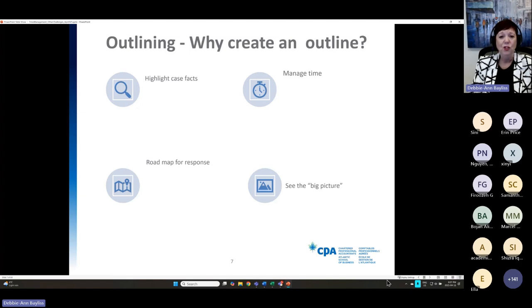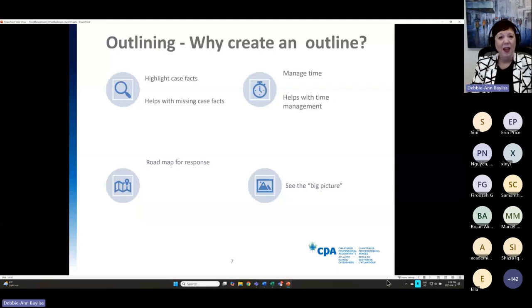And it improves your chances of preparing a competent response. The goal is to ensure that you highlight the key case facts. That's going to address missing those case facts because we're going to extract them. We're going to make sure that they're in our outline, which we're going to turn into a response.